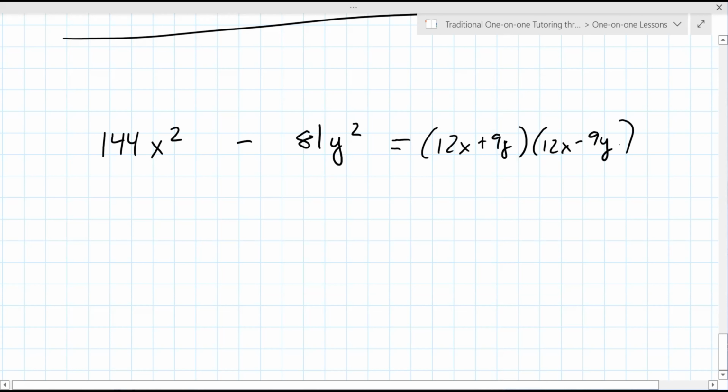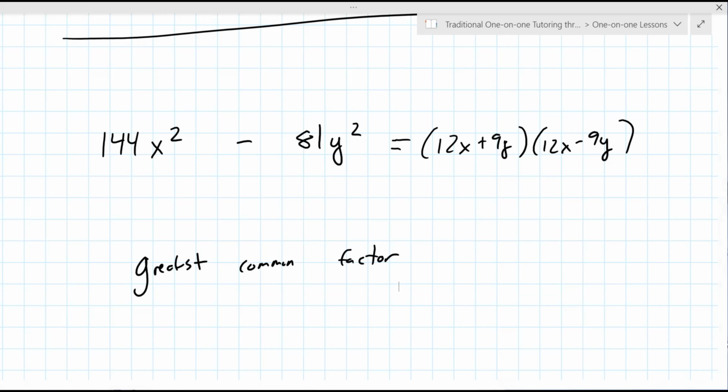Very good. Yeah, that's correct. Just to be clear, if you look at this one later, there is another thing we're supposed to do with these problems, what's called a greatest common factor. But we won't be able to talk about that tonight.